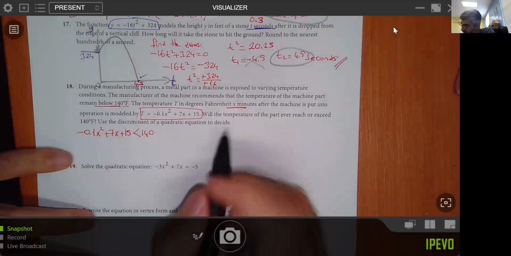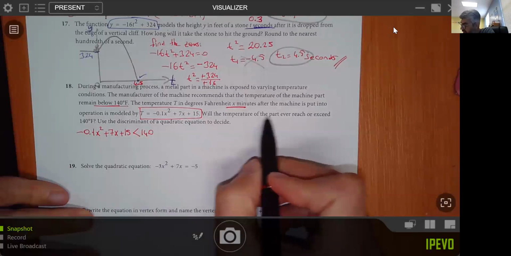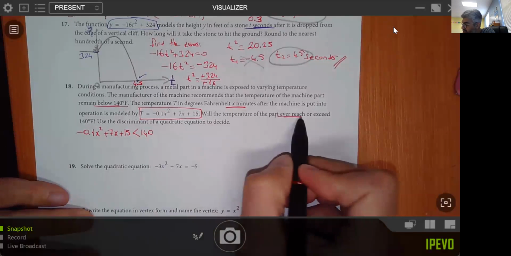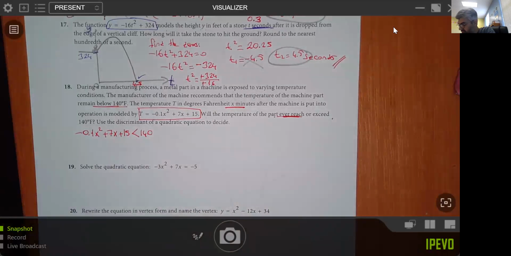Pay attention. The question is interesting. Will the temperature of the part ever reach or exceed 140 Fahrenheit degrees? Use a discriminant of a quadratic equation to decide.